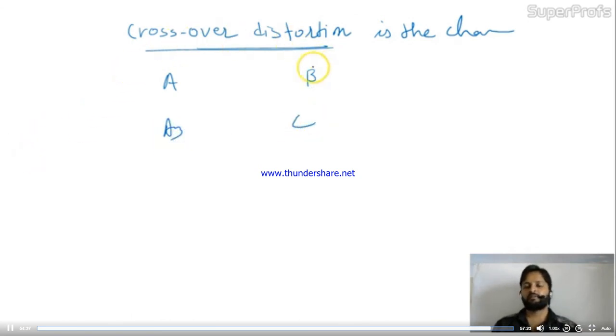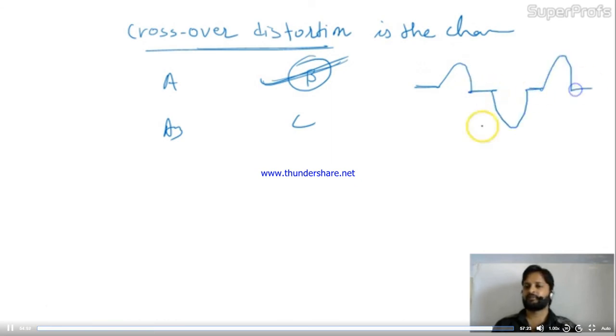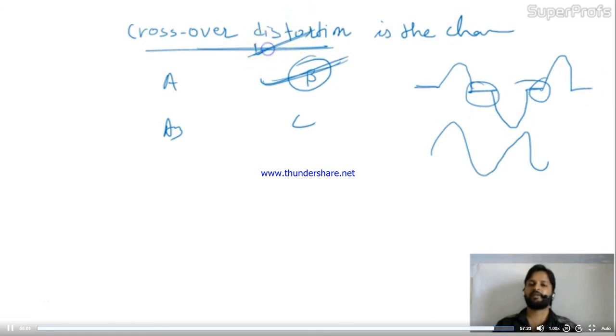So the answer is B amplifier, because in the B amplifier we are using 2 NPN transistors in a push-pull arrangement. Because of both of them we are getting distortion like this. Instead of the original like this, we are getting some distortion over here. Is it okay? So fundamentally, distortion is the property of the B type of amplifier.